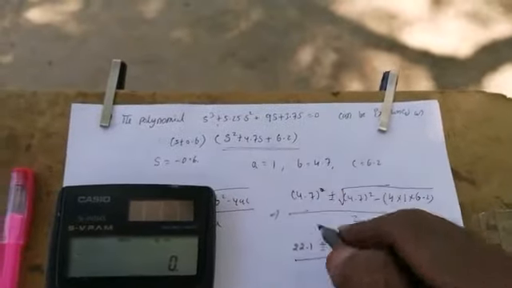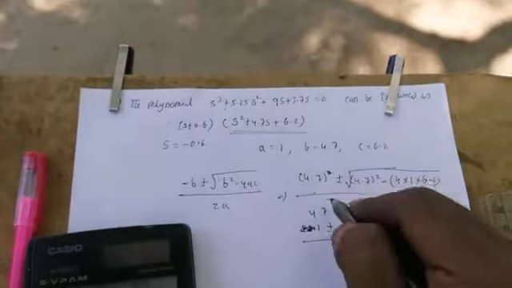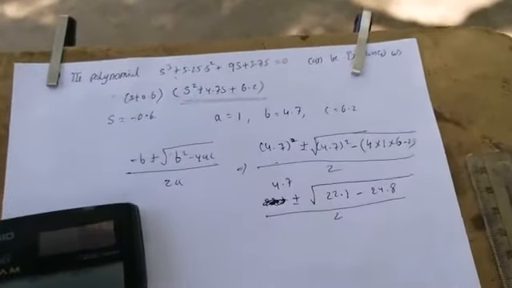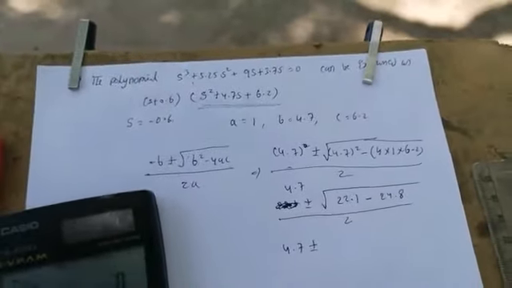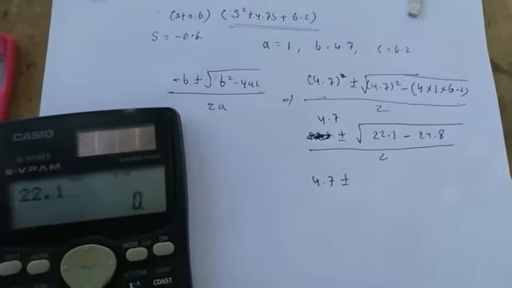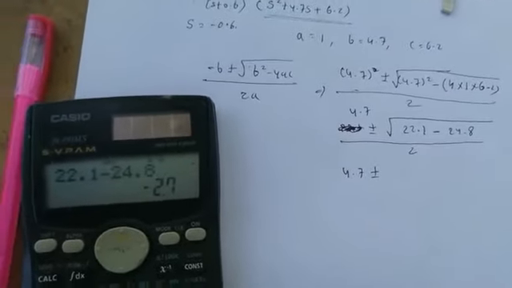So here it is minus b only, right? Minus 4.7 plus or minus square root of 22.1 minus 24.8, you get minus 2.7.